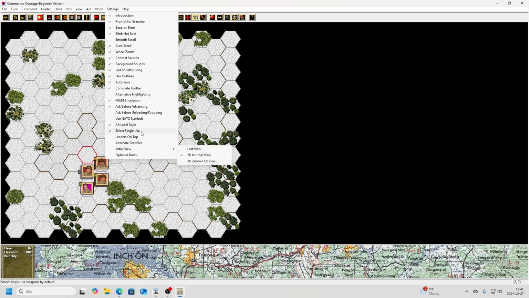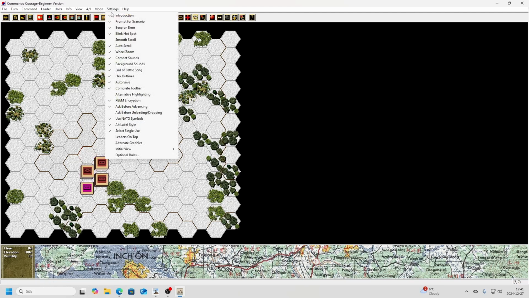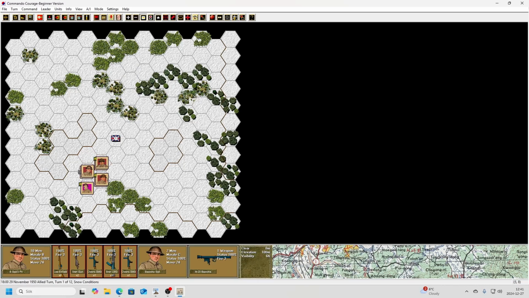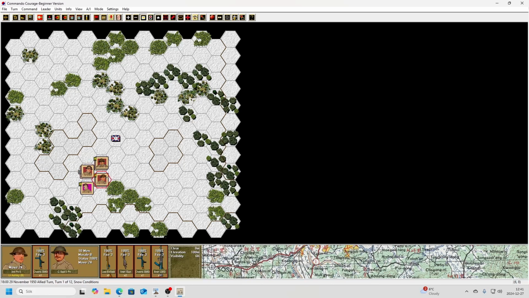Maybe you can't turn it off, I'm not sure. But they have alternates. You could play using NATO symbols like that if you want. I really like these portraits though. If you click on them, this is what it looks like, and all the weapons. We're going to be going over this in my Let's Play.